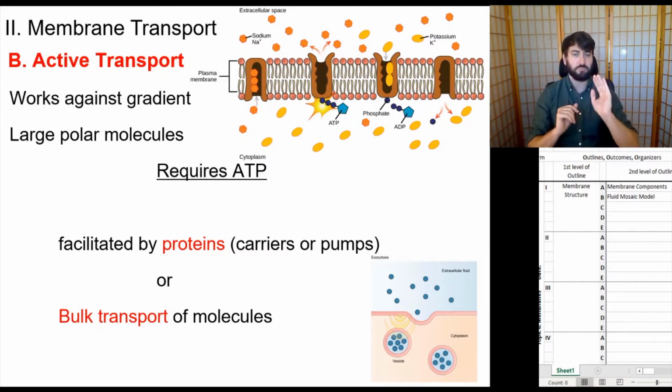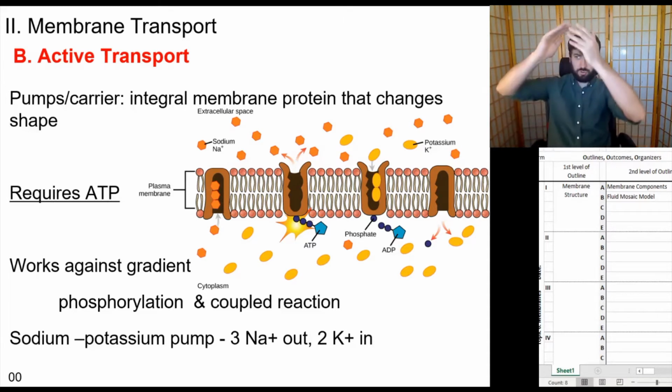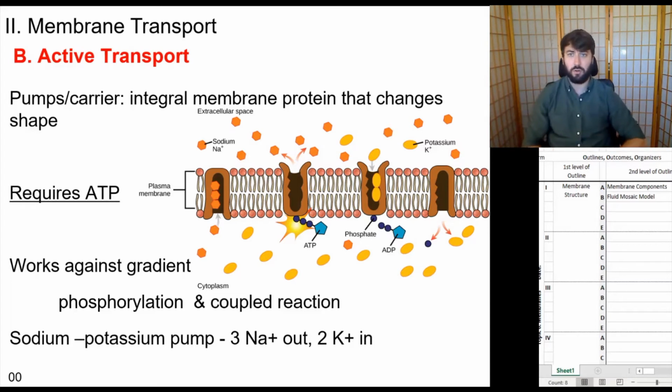But let's start off with a membrane protein example. Specifically, protein pumps or carriers, okay? This is similar to the facilitated diffusion that we just talked about a few moments ago, in that there are transmembrane proteins, and they move things across by changing their shape, right?